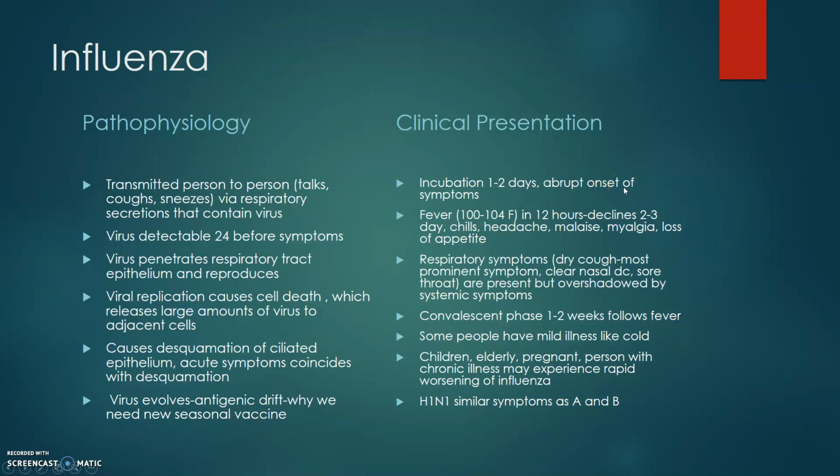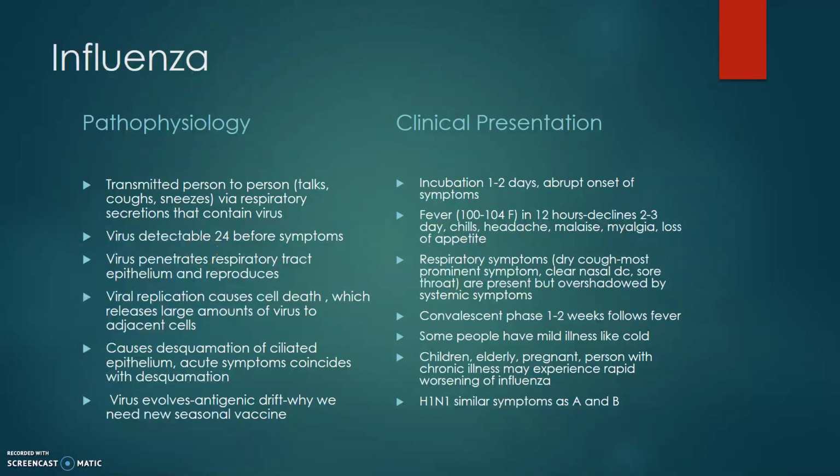The pathogenesis of influenza is that it is transmitted person to person when that infected person talks, coughs, or sneezes, and that's delivered via respiratory secretions that contain the virus. We can detect virus within 24 hours before symptoms begin. The virus then penetrates the respiratory tract epithelium and it reproduces.